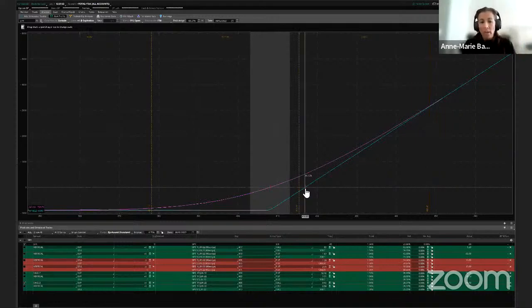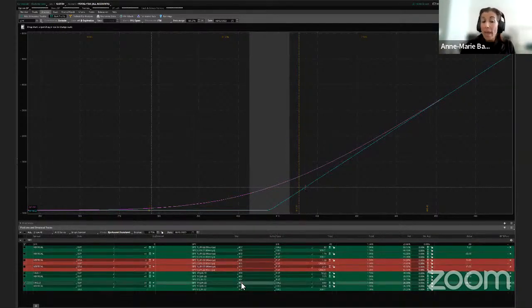And so that is 416. Now you might say to yourself, why is that 416? Why do I not start making any money until the price of 416? Well, 408 is the strike you bought, but you paid $8.90 for it.